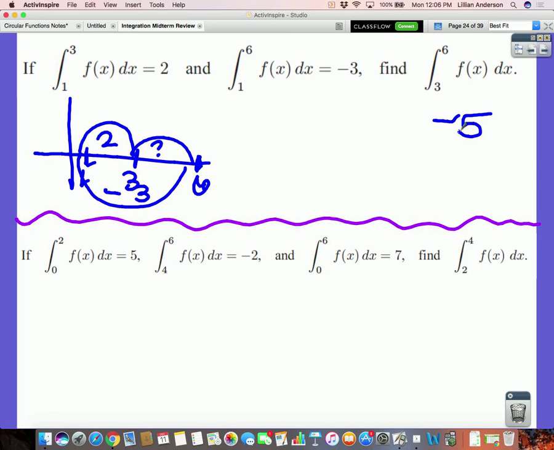Find that area. Hold it up. The area is 4. Okay.